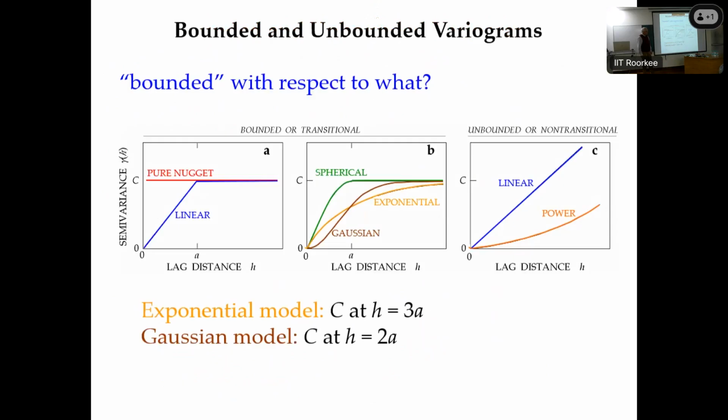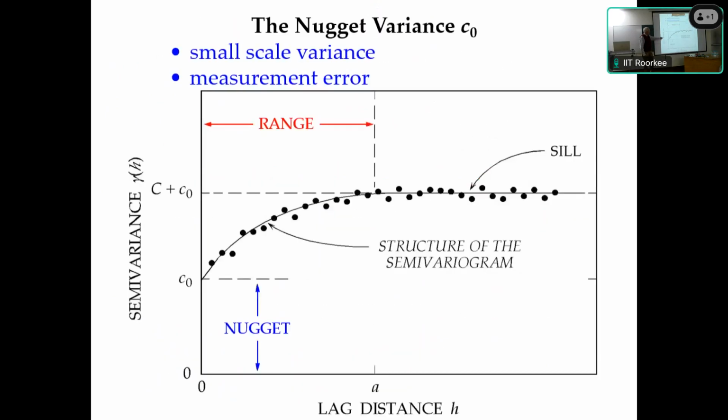All this curve starts from 0. Just for the display, usually it will not start from 0, isn't it? You're right. Yes. I wanted to demonstrate to you here just the basic structure. But I also said, remember that all of these structures, here we see C, all of these structures can sit on top of a nugget variance. That is shown here.